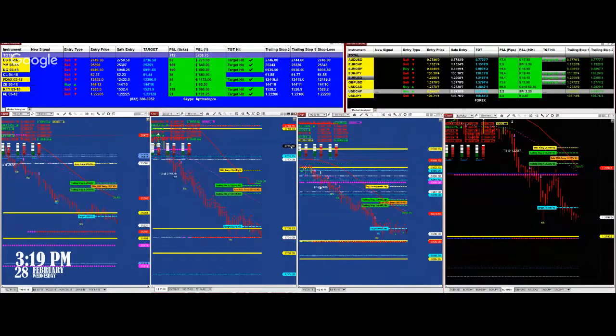700 ticks based on the last signal, 715 ticks based on the last signal. Also, on the Aussie dollar, we have hit the target. Let's look at it.